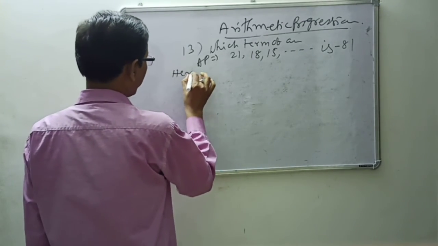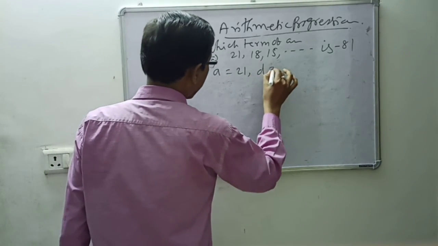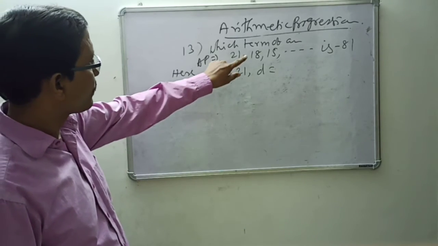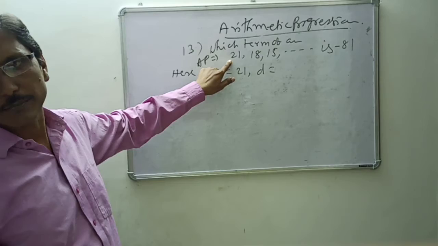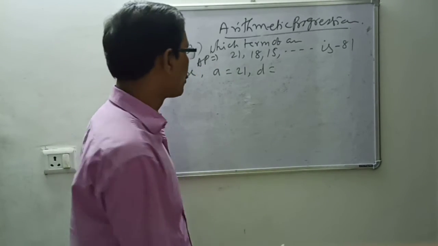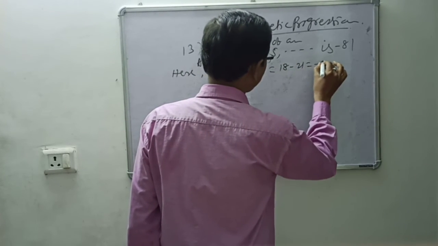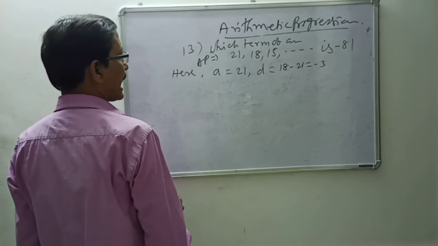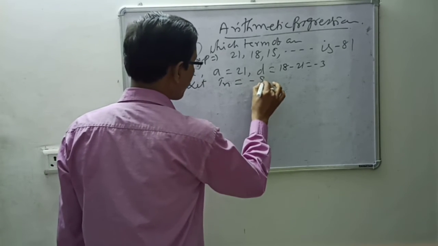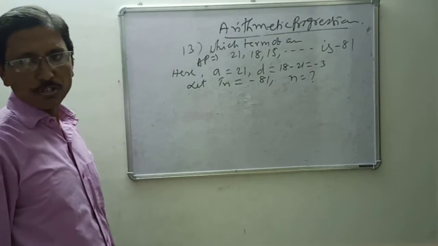First term A equals 21, and D, the common difference, you always think of as the second term minus the first term: T2 minus T1, T3 minus T2. It will be 18 minus 21, so minus 3. And let the nth term be equal to minus 81. You have to find the number of terms.